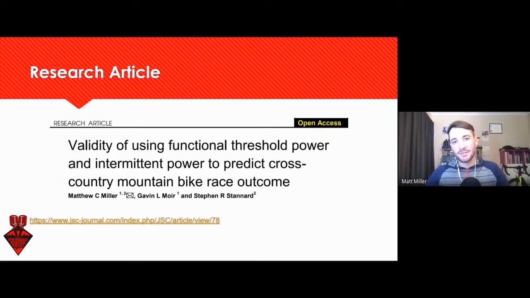Even though we could predict time a little bit better with the intermittent power test, the intermittent power test and the FTP levels were so related to each other that they were almost the exact same thing. So if you had a really high FTP, you were also really good at doing intermittent power. That's when I started to realize how important aerobic fitness was. And this FTP, representing the upper limit of aerobic fitness, that's when I realized, okay, well, this is the real deal.